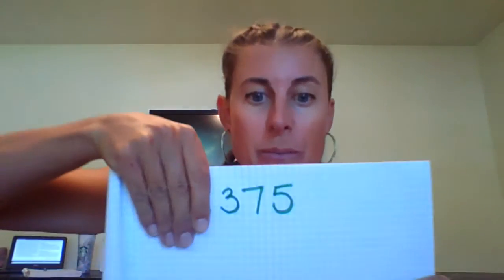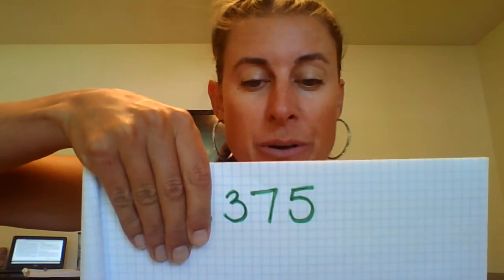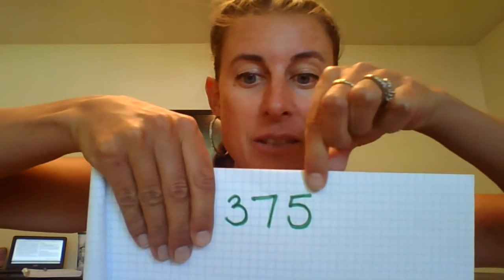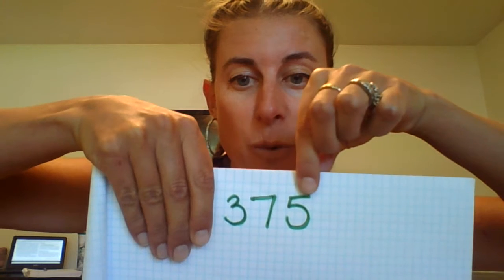So in second grade, you guys learned about the ones, the tens, and the hundreds place when you were reading a number. So I'm going to show you a number as an example. Here's a number that probably looks pretty familiar to you. When you take a look at this number, you remember that the 5 is in the ones place. That means 5 ones.